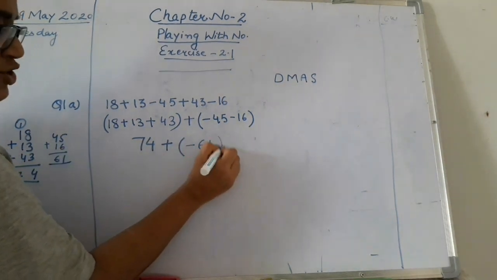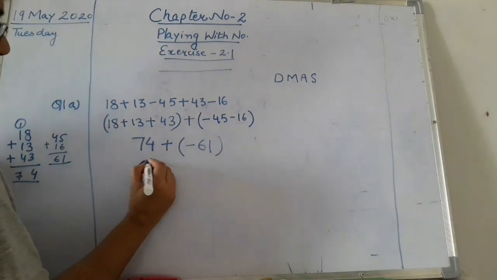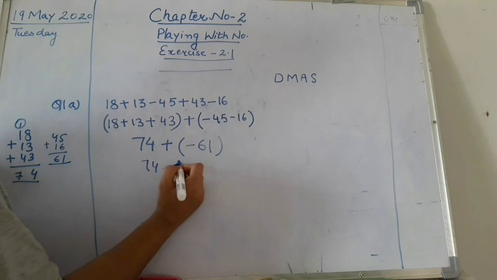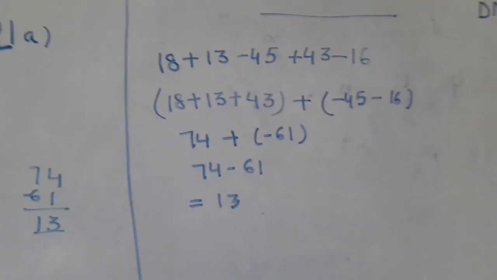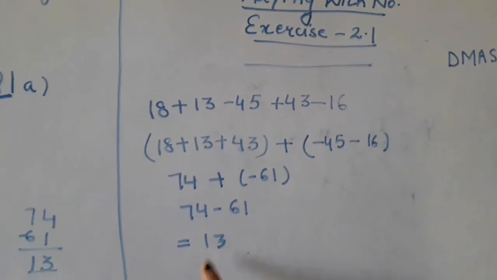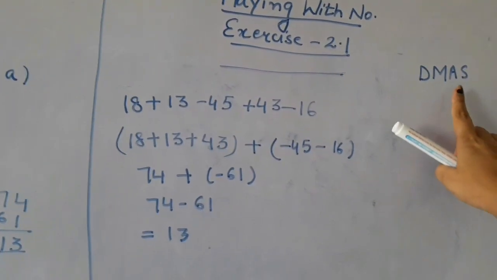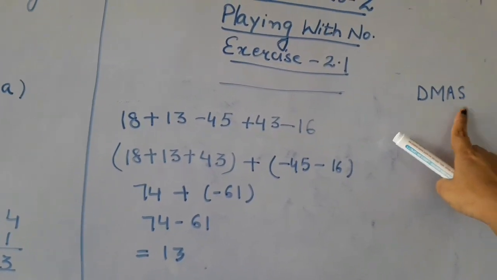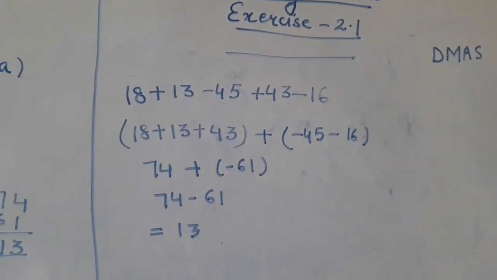But your answer should be negative because 45 is the greatest integer and has the negative sign with it. Now again 74 plus minus 61. In the next step we do the subtraction, 74 minus 61, and I will get my answer as 13. According to DMAS, firstly I solved addition and then subtraction. In this way you can solve your questions.